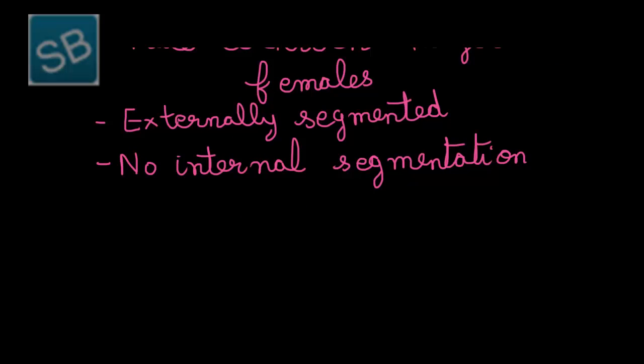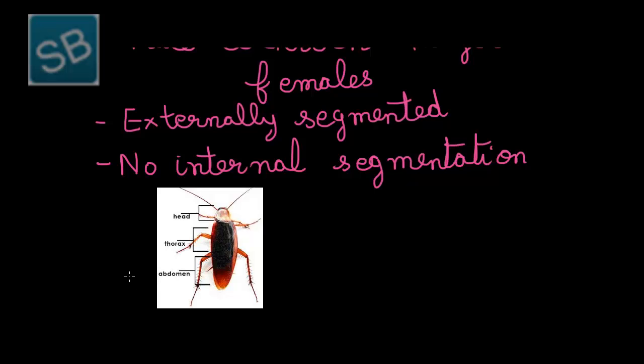The body of cockroach is basically divisible into three regions, that is head, thorax and abdomen. Let us study each of them in detail, beginning with head.